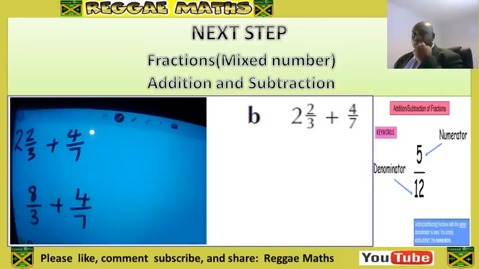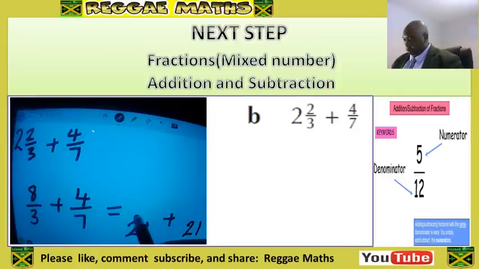So the next step, what I'm going to do here is, what is the lowest common denominator of 3 and 7? So it's going to be 21. So what did I times by to get 21? And what did I times by here?